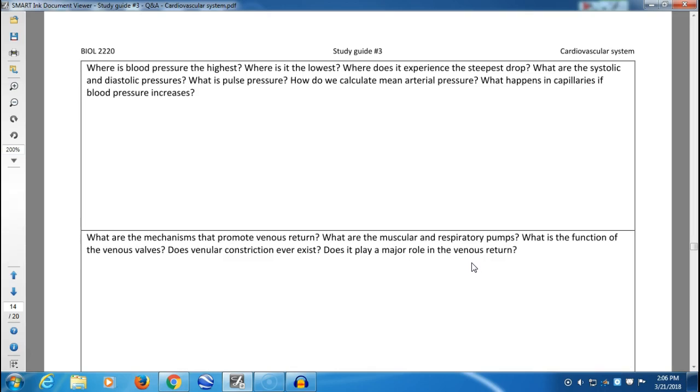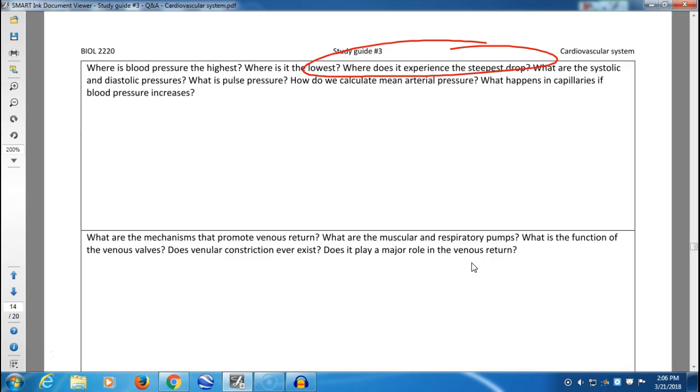Highest blood pressure is where? Aorta. Lowest? Right ventricle, because it still needs to go from vena cava to the atrium, and then it can completely relax. Right? Steepest drop: arterioles. Systolic pressure is the pressure when the heart contracts.